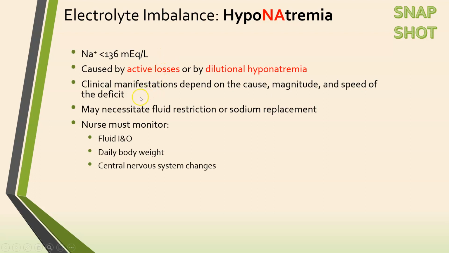Clinical manifestations really depend on the cause, the magnitude, and how fast the deficit happens. It may necessitate fluid restriction or sodium replacement. In terms of nursing care, you want to watch the fluid I's and O's, daily body weights, and central nervous system changes.